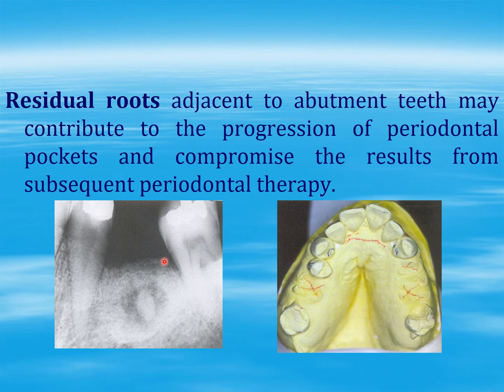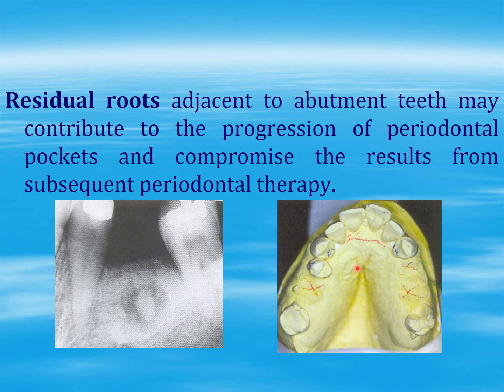Okay, coming to the residual roots. So you can see these few roots in the IOPA and in the cast. Roots adjacent to abutment teeth may contribute to the progression of periodontal pockets and compromise the result from subsequent periodontal therapy.